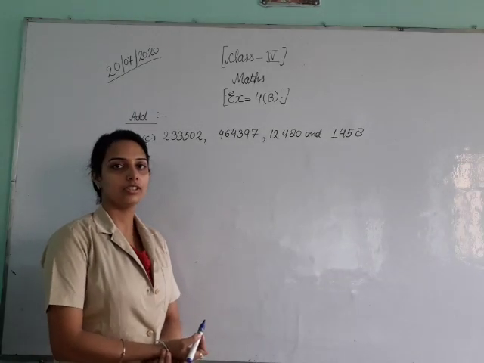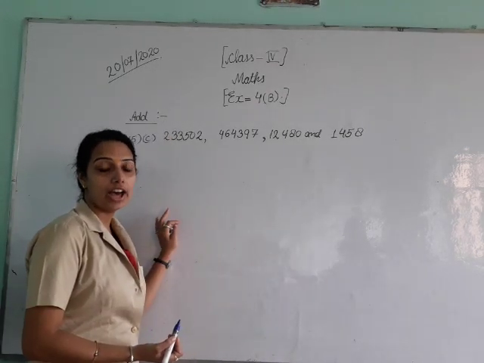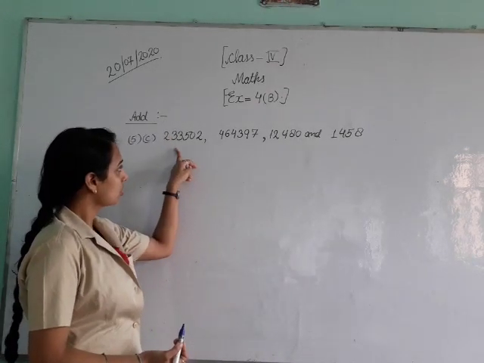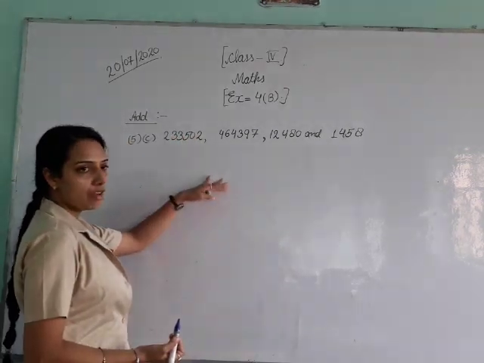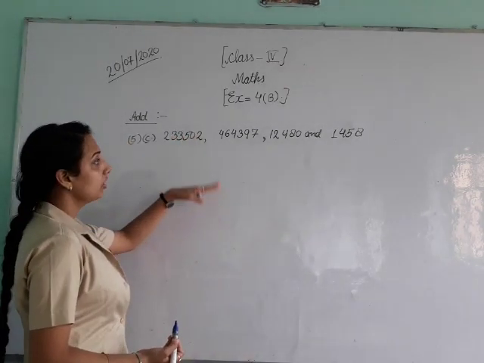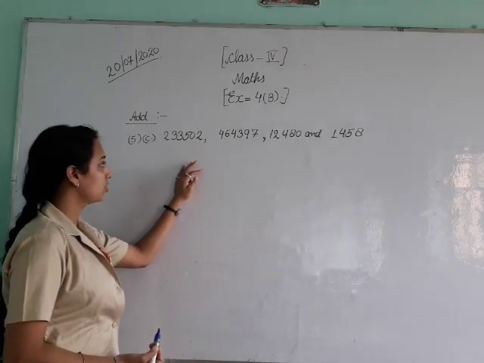Yes, dear students. Hope you have completed till there. Now we are on question number 5, in which these figures are given. So first of all, we have to arrange them one by one in column method, and then we have to add them. Okay, addition we have to do.